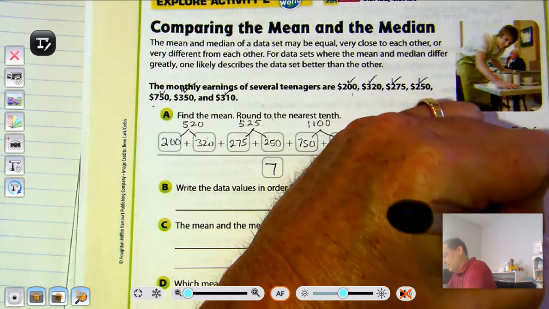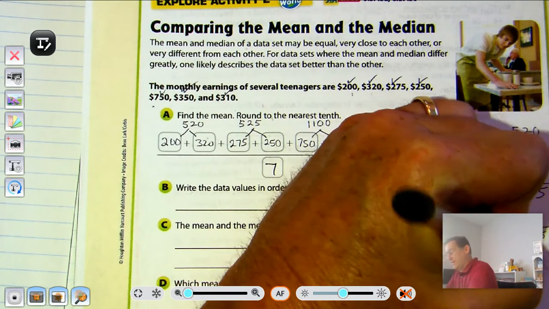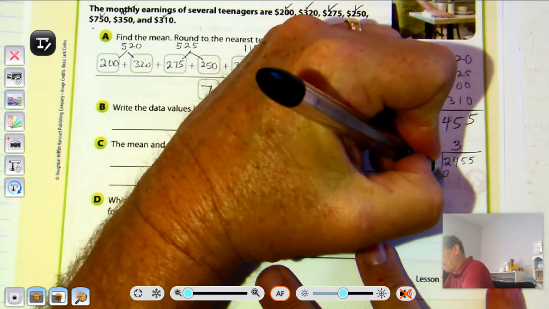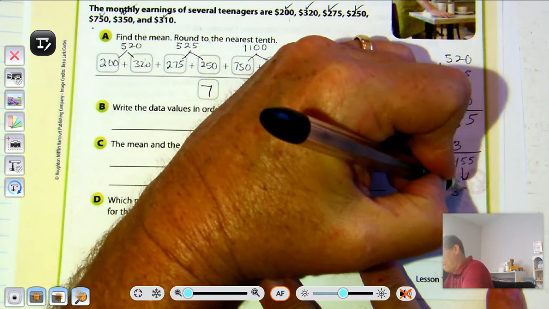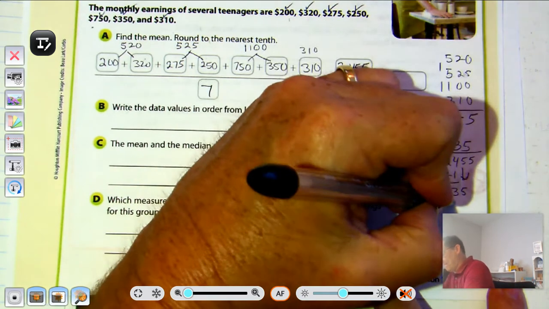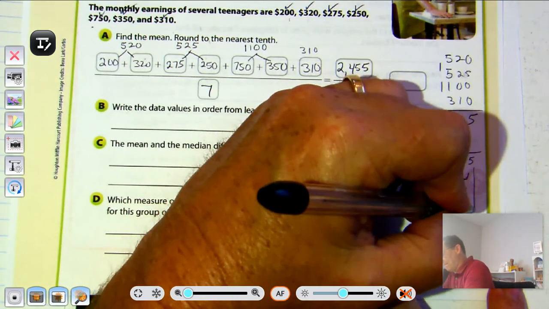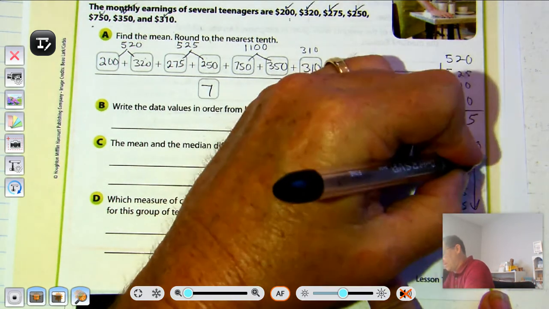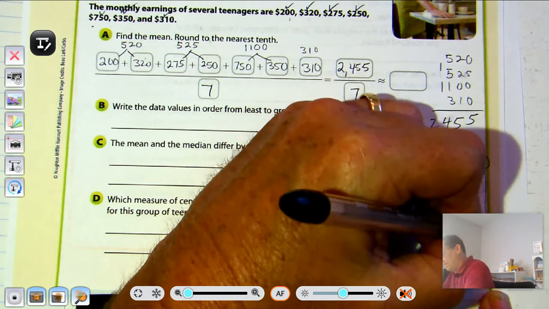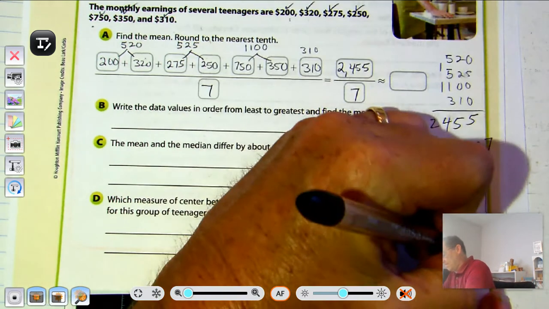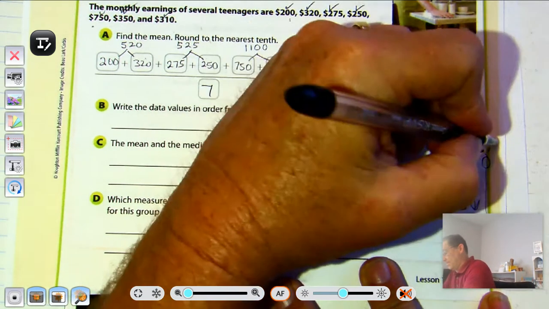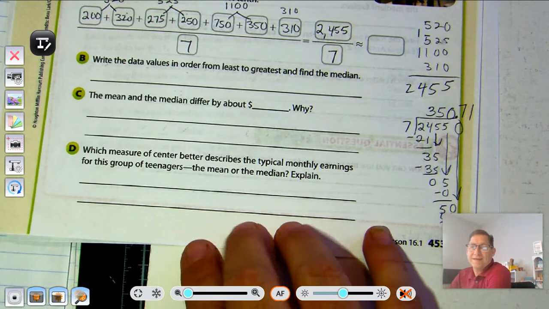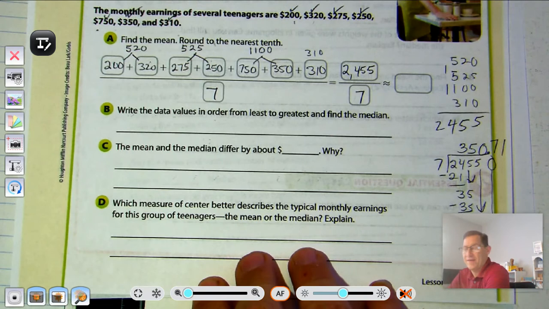So 2,455 divided by 7. All right, so basically we wind up with 350.71, and it says round to the nearest tenth.